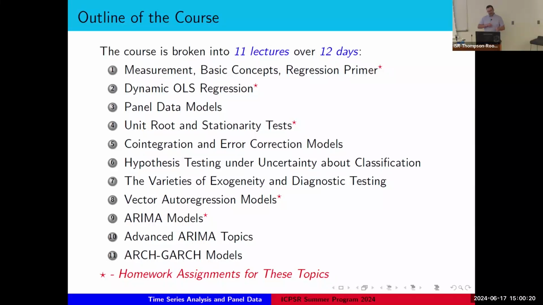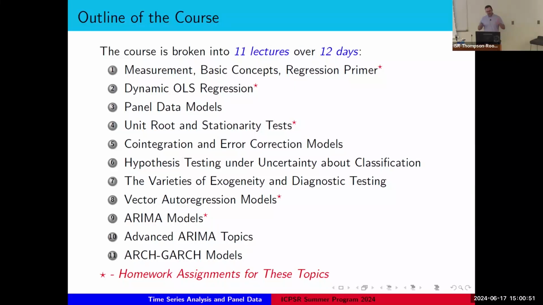Then we're going to get into an entirely different approach to time series analysis. The Box-Jenkins methodology, ARIMA modeling, was initially developed as a forecasting tool, but can be used for hypothesis testing and statistical inference. We can decompose the variation in our data into autoregressive elements and moving average elements, and we can build filters to take all the features of our data that are non-random so we can focus on the interesting part of the variation, the stuff that is random and related to our independent variables of interest.